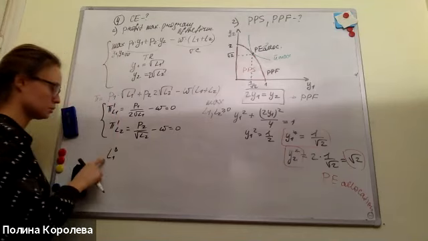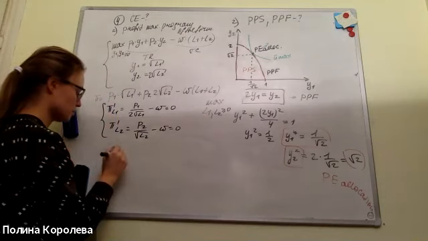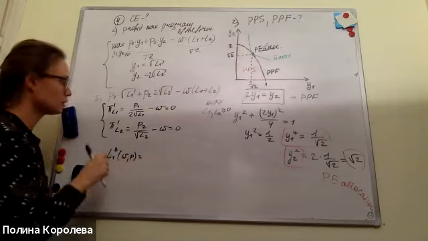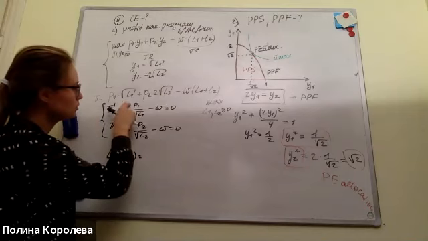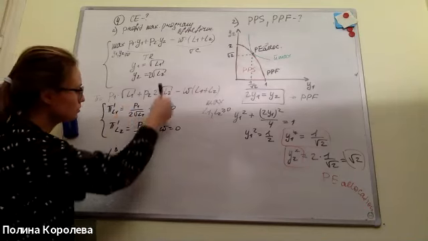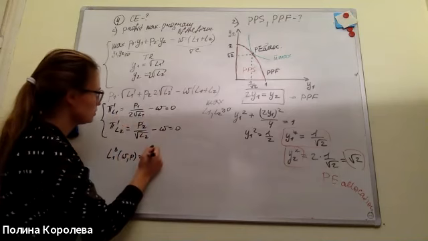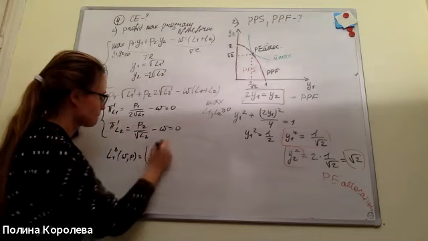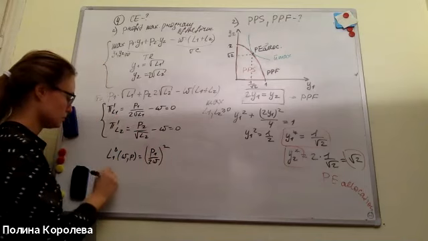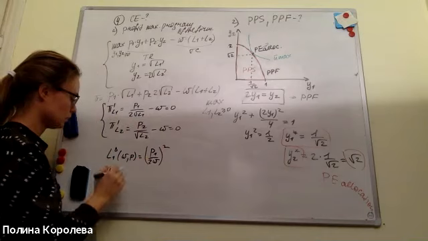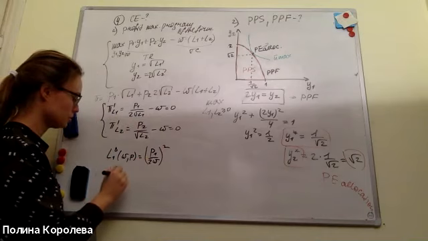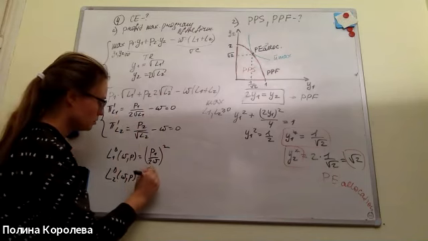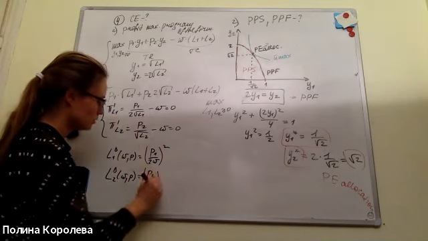This will be the demand depending on prices: P1 over 2 divided by W, and all in square. And the demand of our firm for the second production, depending on prices, equals P2 over W squared.